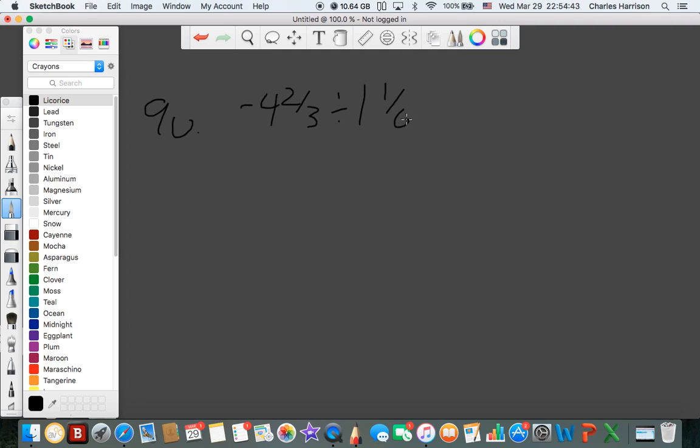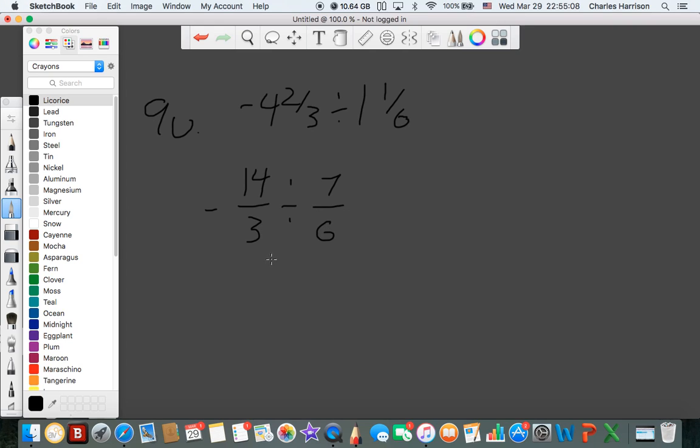Change both of these mixed numbers to improper fractions, and we get first 3 times 4 is 12, plus 2 is 14, so negative 14 over 3, and then we're dividing it by 6 times 1 is 6, plus 1 is 7, so 7/6.